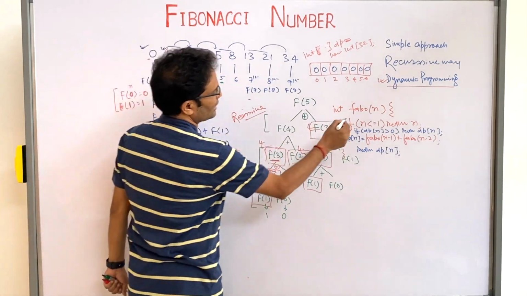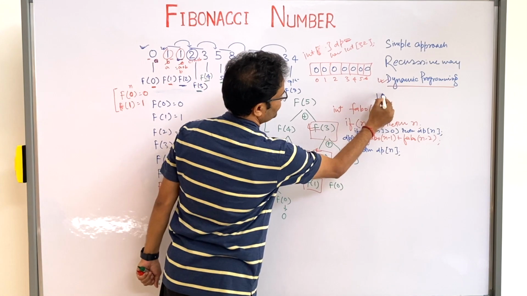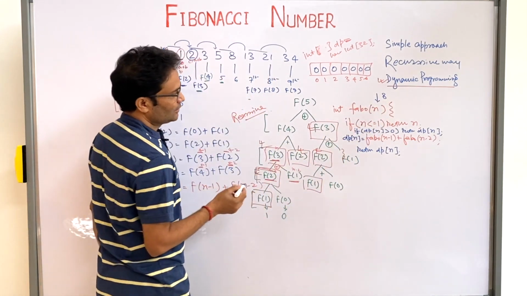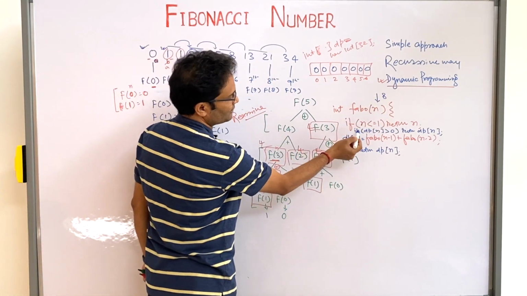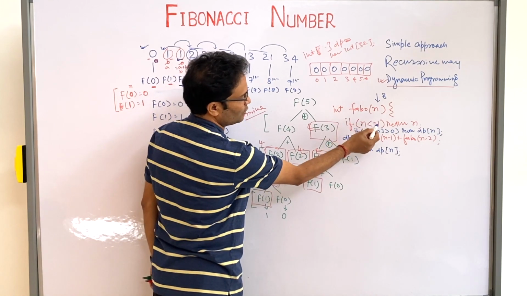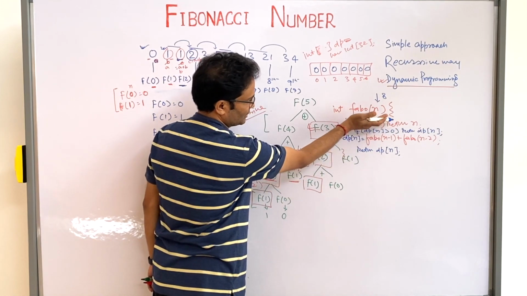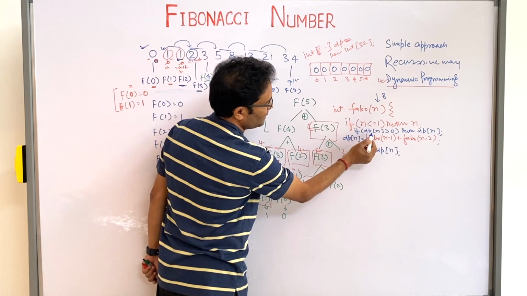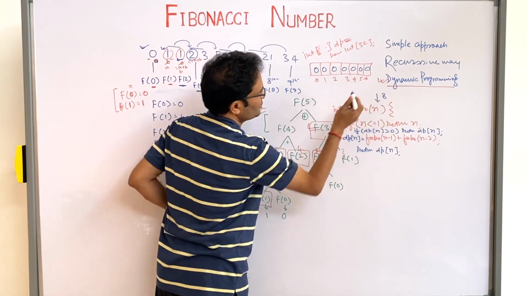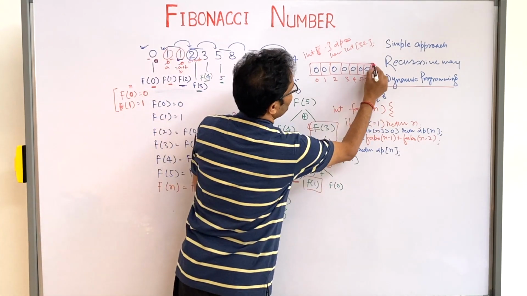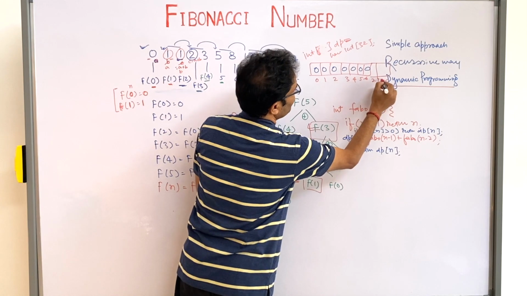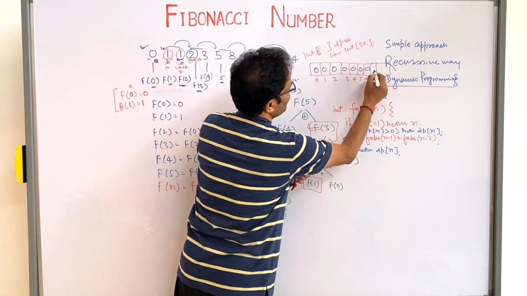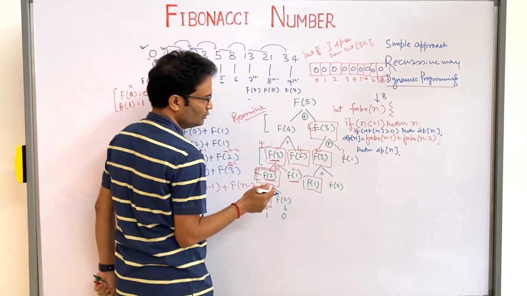So let me again explain this part. Suppose I pass the 8 here. Of course if the value is less than or equal to 1, then return the number. I will not come to this point, I will come here, dp 8. Starting time that might be 0, of course 0.